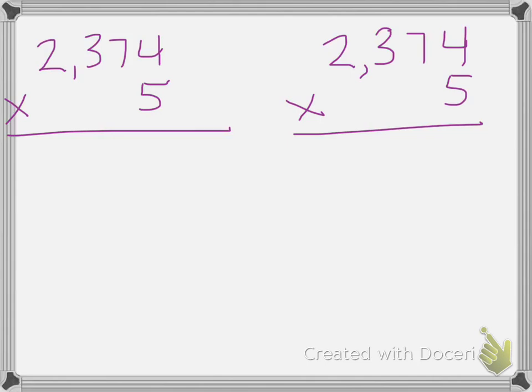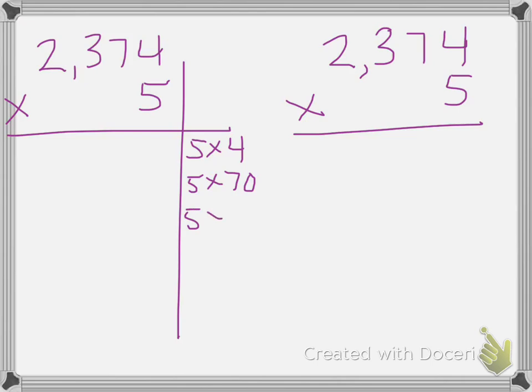All right, so my partial products here, I've got my 5 times 4, my 5 times my 70, my 5 times my 300, and my 5 times my 2,000. So I expanded out that 2,374, and now I can multiply.